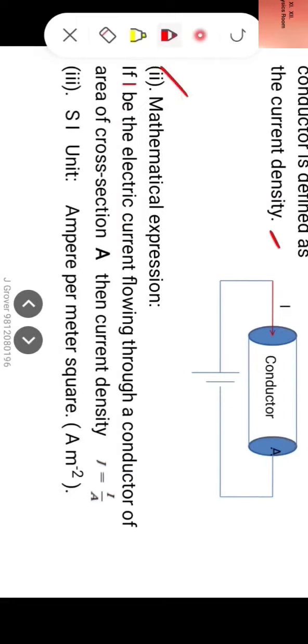Second, mathematical expression: if I be the electric current flowing through a conductor of area of cross section A, then current density J is equal to I by A. Third, SI unit: ampere per meter square, or A m inverse 2.